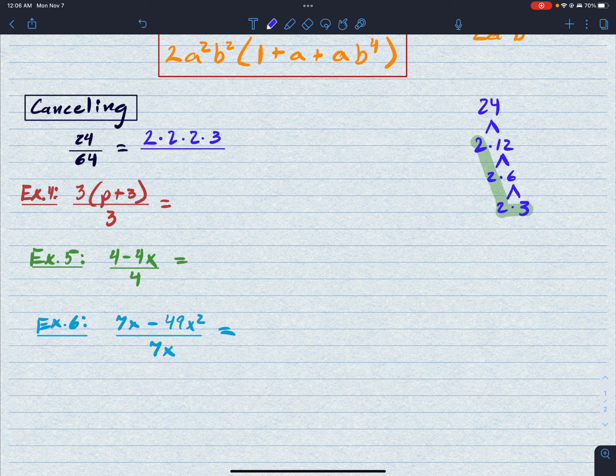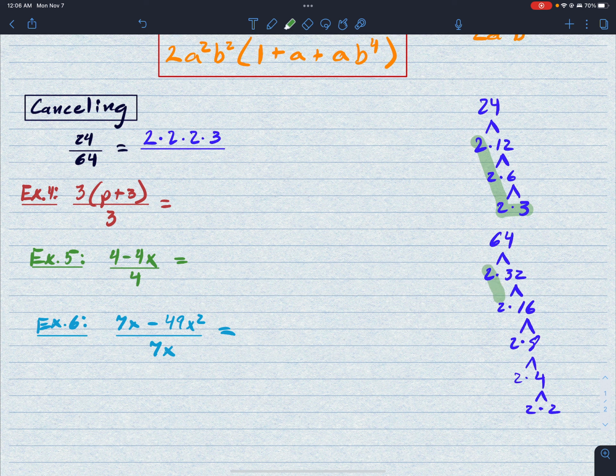We can do the same thing with 64. If I take 64 and I break it down, I get 2 times 32, which is 2 times 16, which is 2 times 8, which is 2 times 4, which of course is 2 times 2.